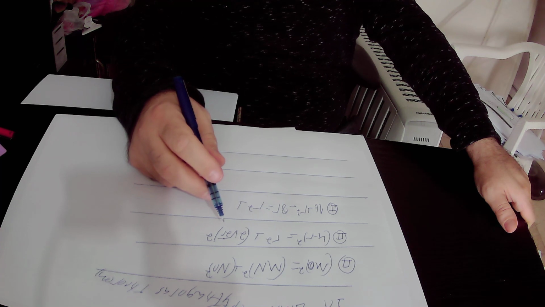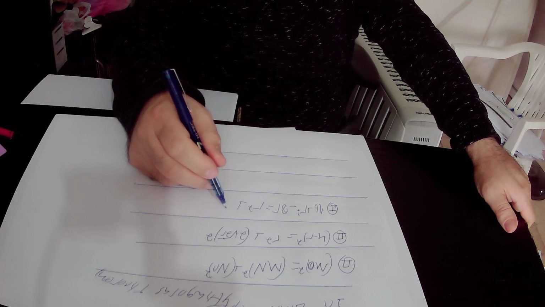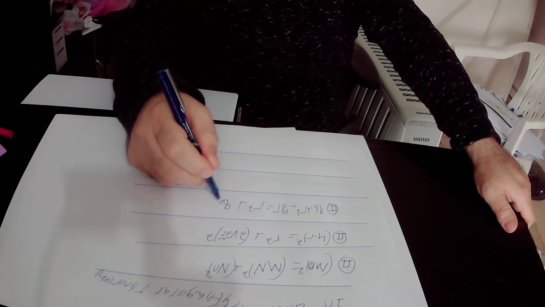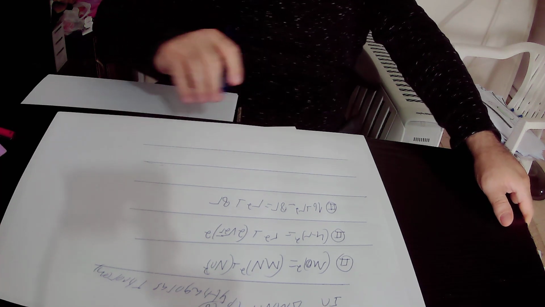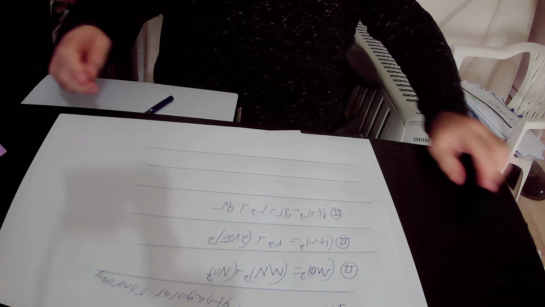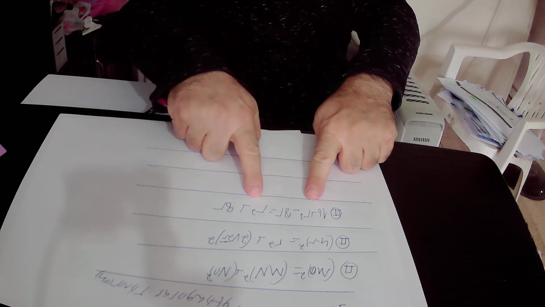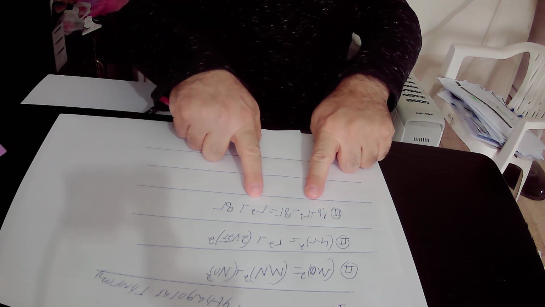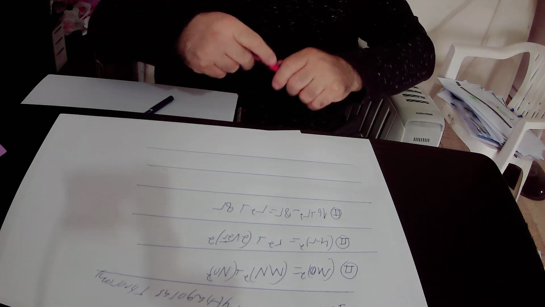So in total this expression equals 8R. Here we have R square on both sides of equation number 2, so R square will get cancelled.